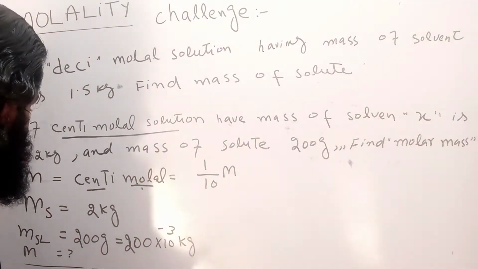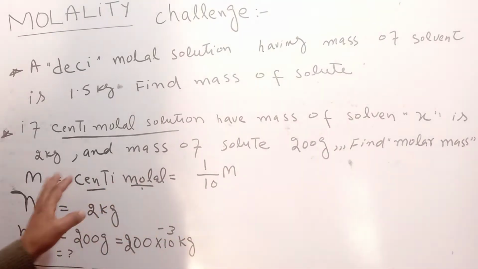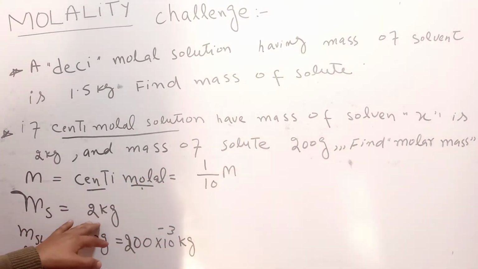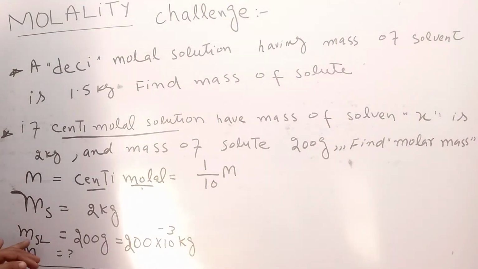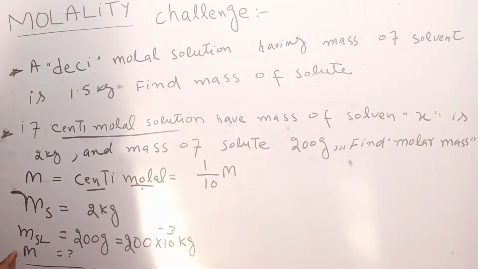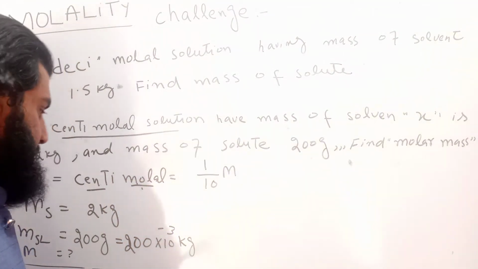The question is that a solution having molality 1 by 10 molal and mass of solvent 2 kilogram, with mass of solute 2 times 10 raised to the power minus 1 kilogram. Find the molar mass.